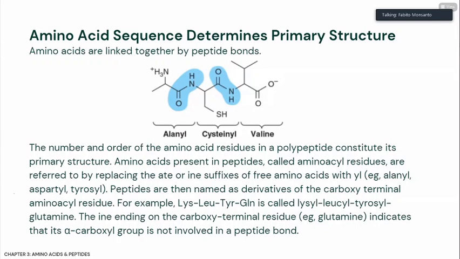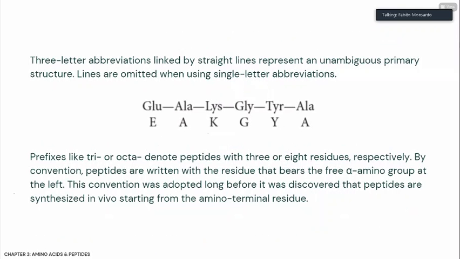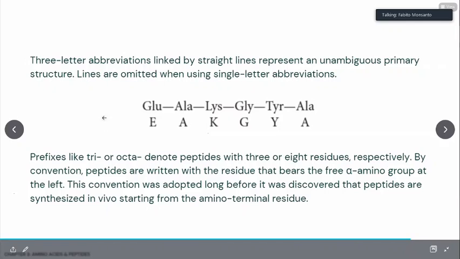So the -ine ending on the carboxy terminal residue, and that is glutamine, remains. Okay, so here is the use of those 3-letter abbreviations: glutamate or glutamic acid, alanine, lysine, glycine, tyrosine, alanine.